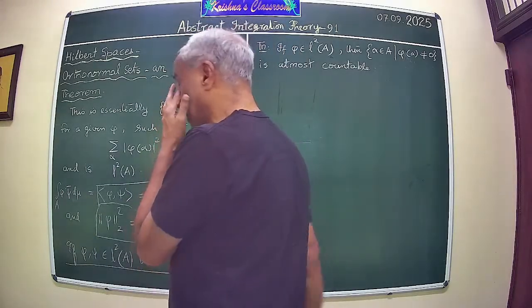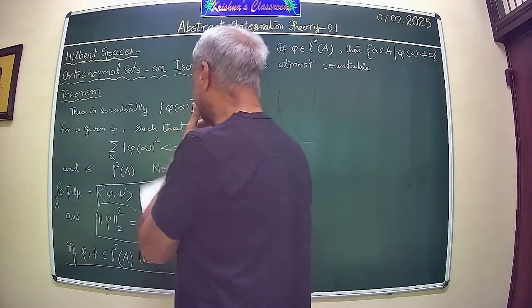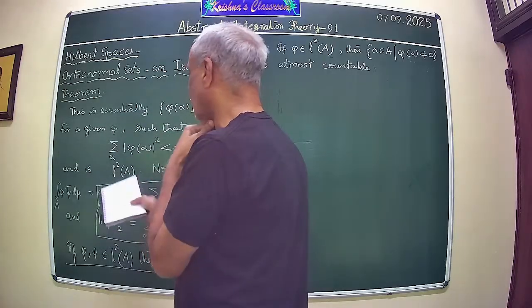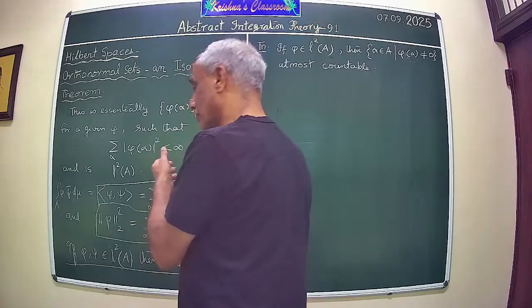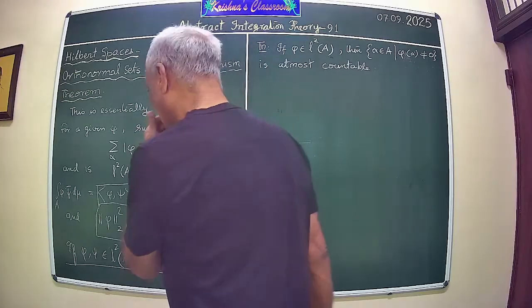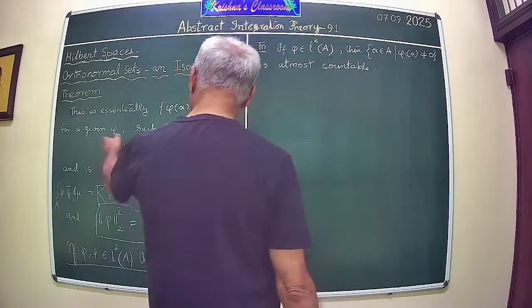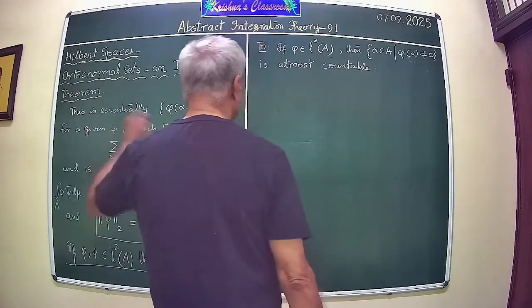sum appears to be rather, sort of threatening type of uncountable sum, but you see that essentially this reduces to a countable sum.